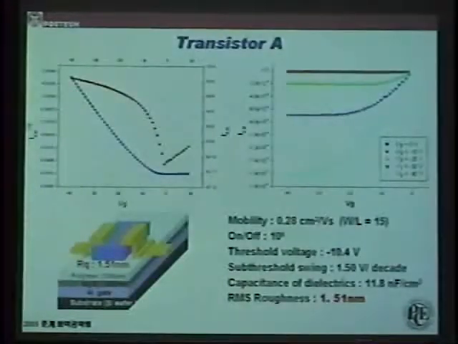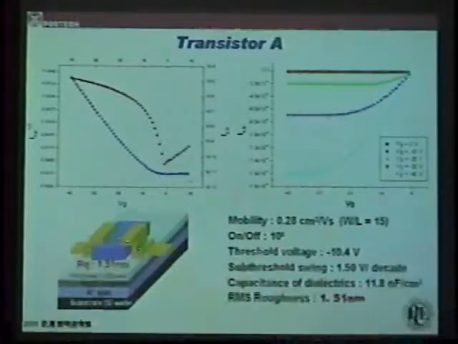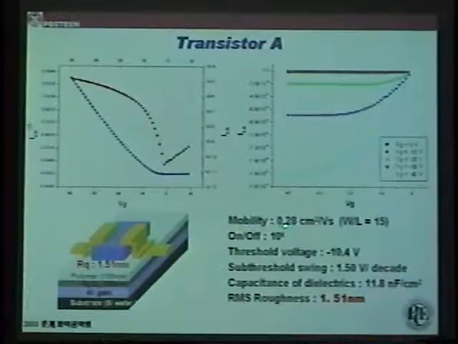This result shows a nicely obtained IV curve, and we measure the mobility and threshold voltage through this curve. With about 15 angstrom roughness, the mobility is 1.28 cm²/V·s, the on-off ratio is 10^6, the threshold voltage is minus 10 volts, the sub-threshold swing is 1.5 volts, and the capacitance is about 11 nanofarad.